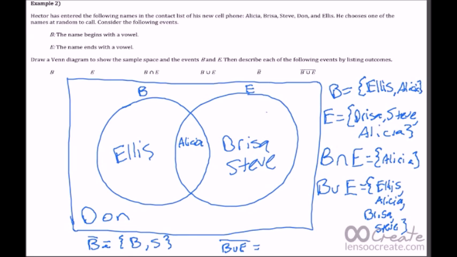And the only person is Don. So event B or event E, the only person that's not inside our Venn diagram is Don. So he would be the event. When we describe that list of outcomes, the only outcome for that situation is Don.